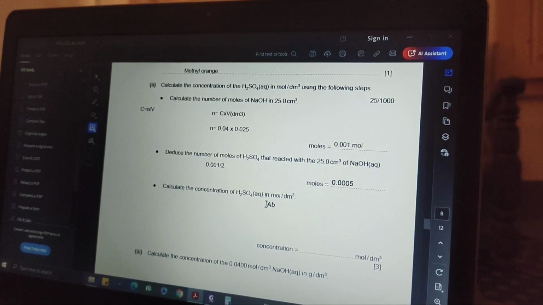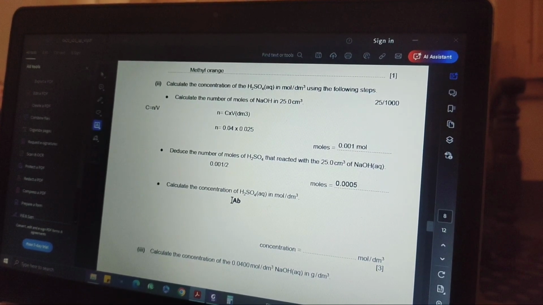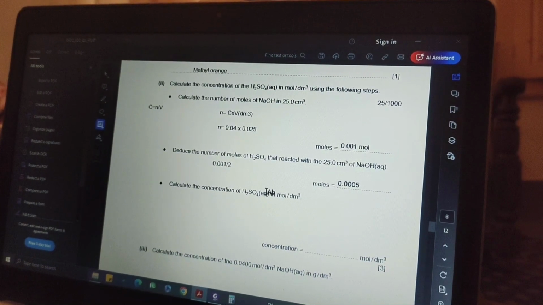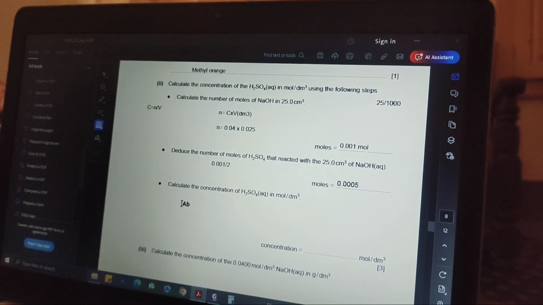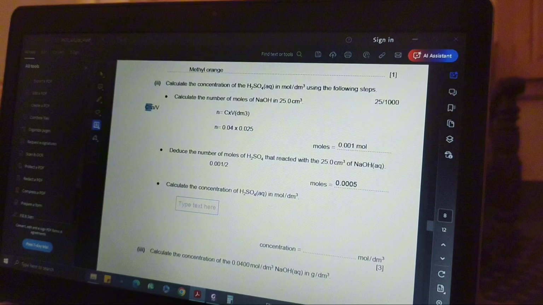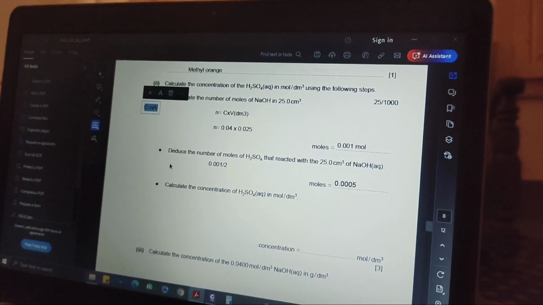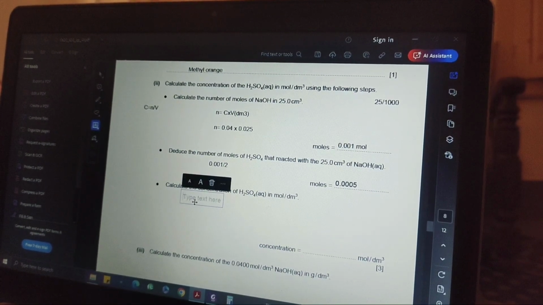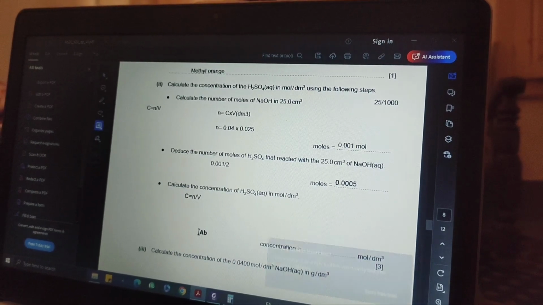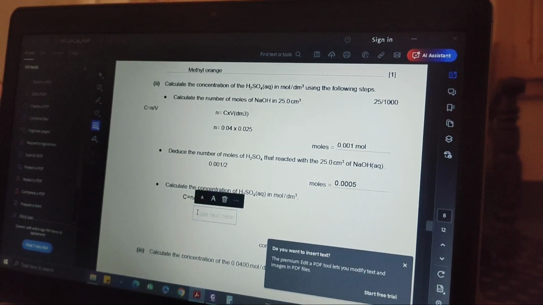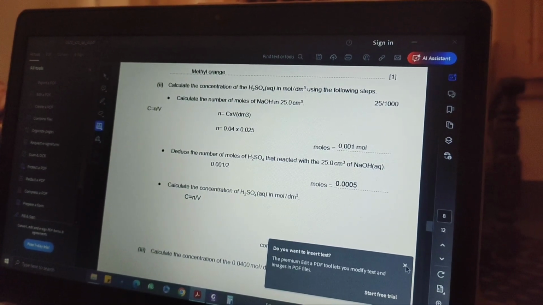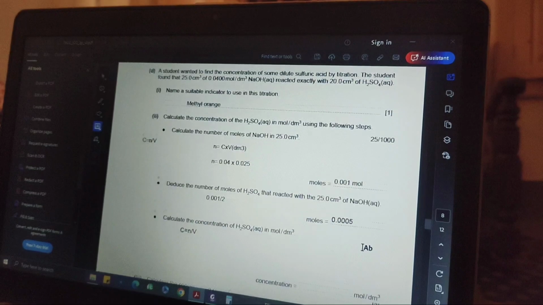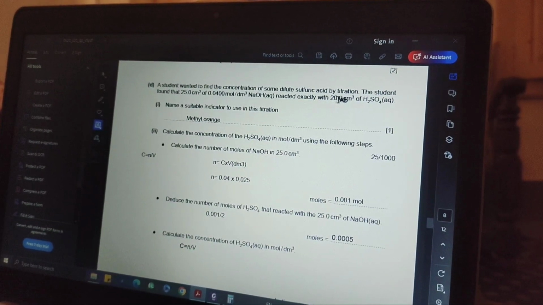Okay. So calculate the concentration of H2SO4 in moles per decimeter cube. So we have got the moles, we have the volume here, so we'll be using this formula here. C is equal to n over V, but still we need to convert the volume here into decimeter cubes. So what is the volume given here? Exactly 20 cubic centimeters.